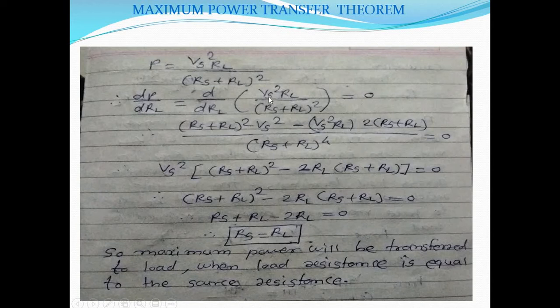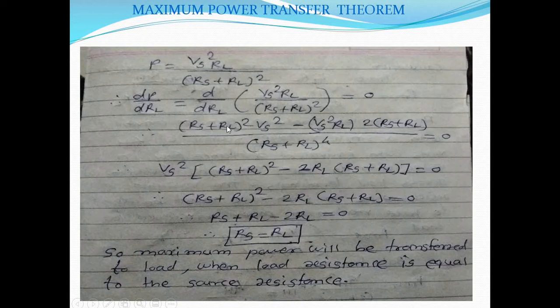This is like the derivative of u upon v. The general formula for the derivative of u upon v is v times the derivative of u minus u times the derivative of v, upon v squared. Here u is equal to Vs squared RL and v is (Rs plus RL) whole squared.